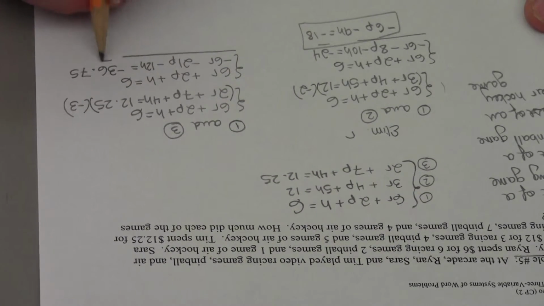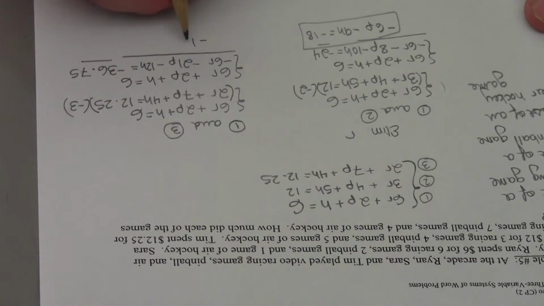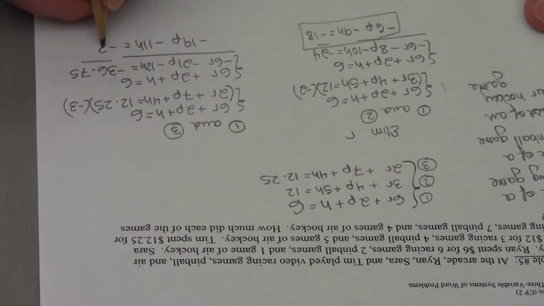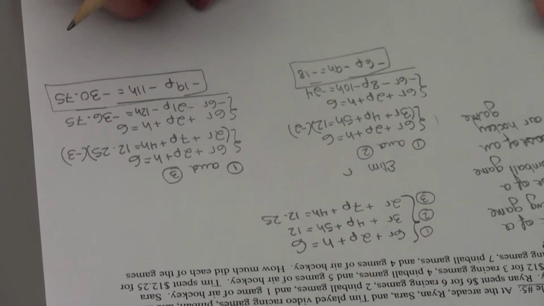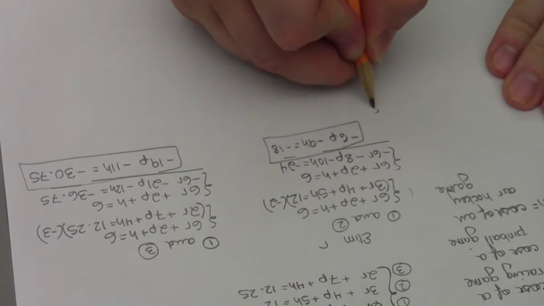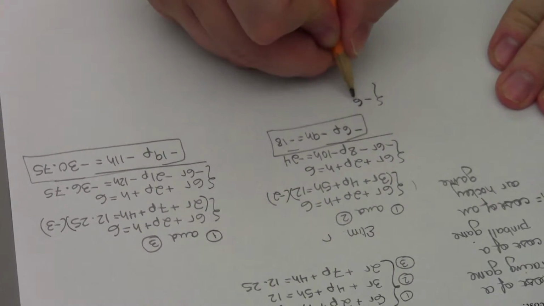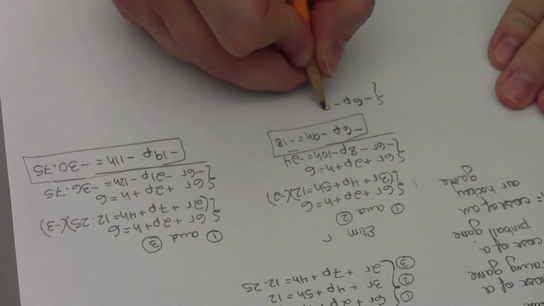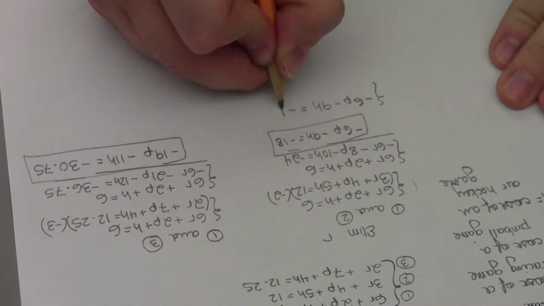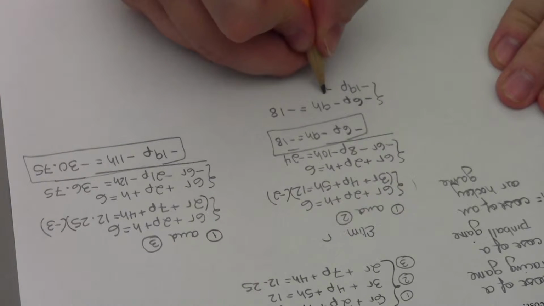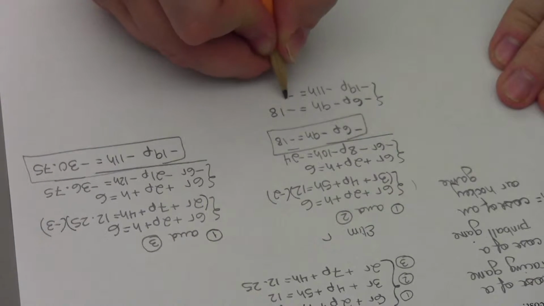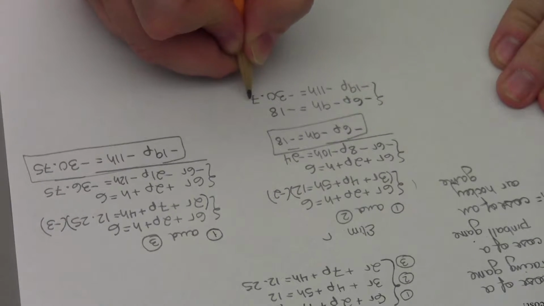Add these things together, again the r's cancel, -19p minus 11h equals -30.75. So now I'll take those and I'll pair those up, and we get -6p minus 9h equals -18, and -19p minus 11h equals -30.75.